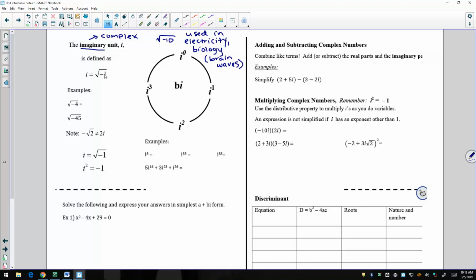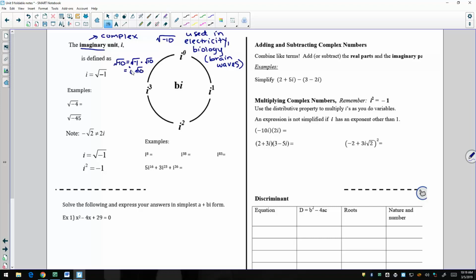So if you got, for example, the square root of negative 10, I could rewrite that as the square root of negative 1 times the square root of 10, which now I just told you what the square root of negative 1 is. We're going to rewrite that as just i. So this is i times the square root of 10, and that would be your answer.